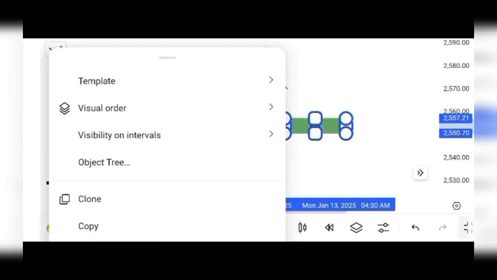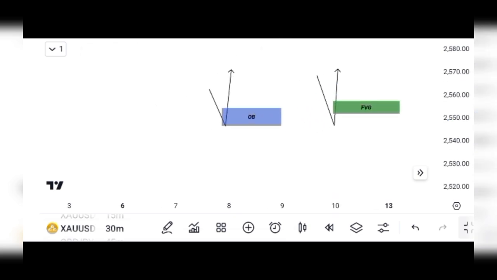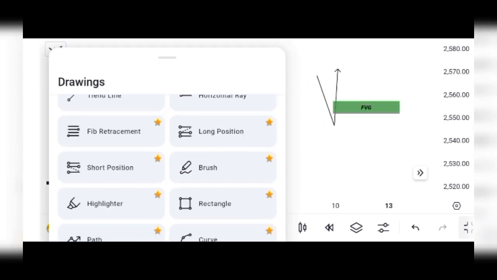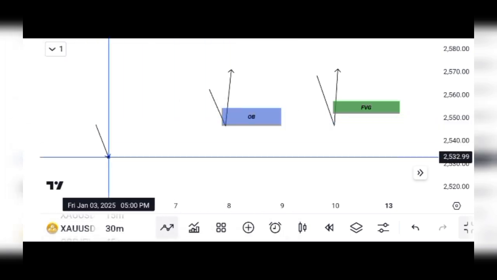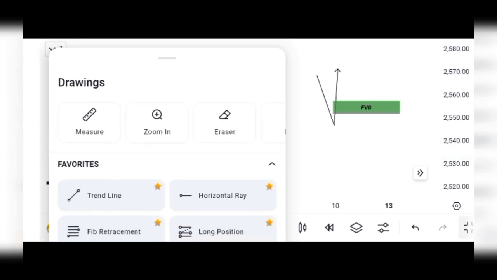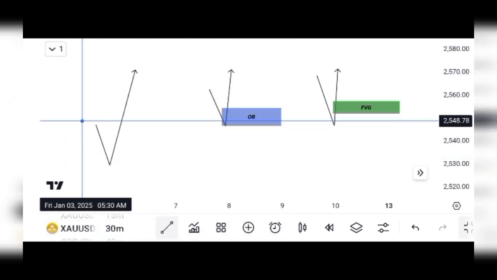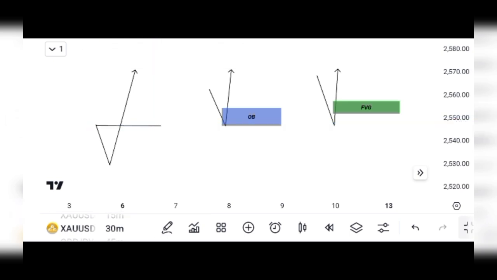I also use fair value gap as my entry, and then I also use breaker block, or support or resistance, whatever you want to call it. I also use it as my entry. These are the three main entries I use: order block, fair value gap, and breaker block.